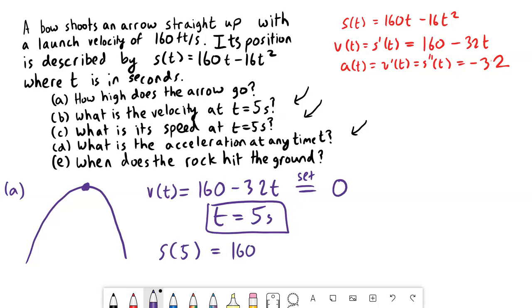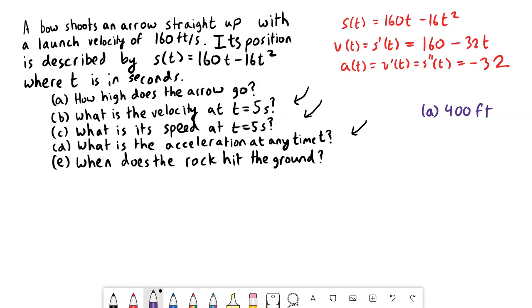So 160 times 5 minus 16 times 5 squared, which, according to the calculator, is 400. 400, and we have to keep track of the units, right? Position, I mentioned feet per second. You should probably think of feet as feet. So that's the first question. I'm going to leave it up for a little bit, and then we're going to look at the second question.